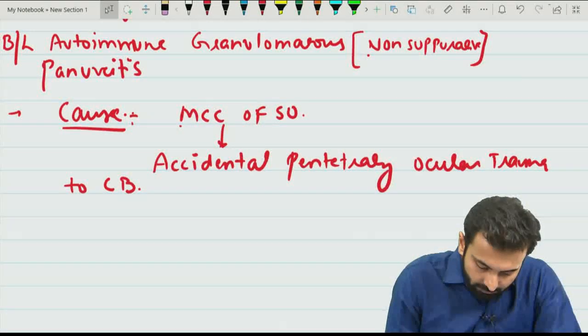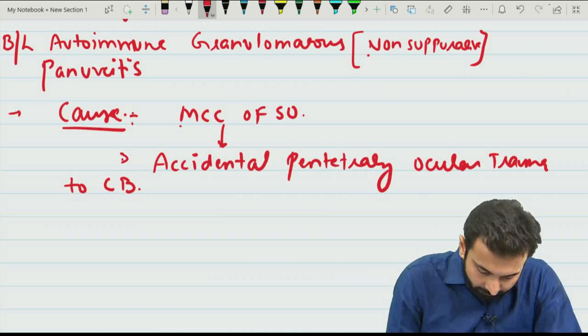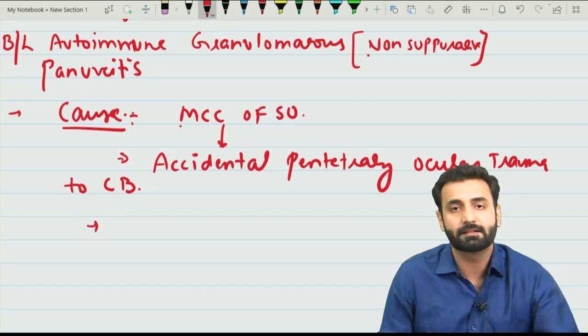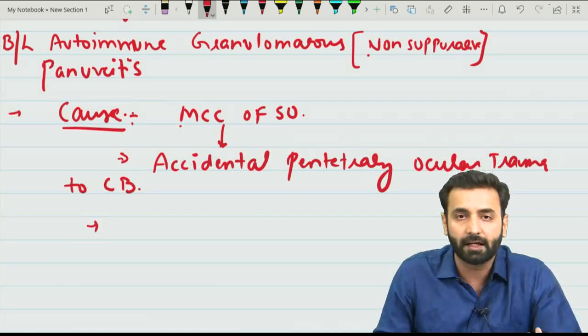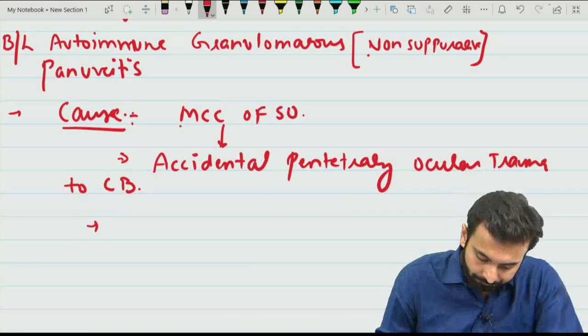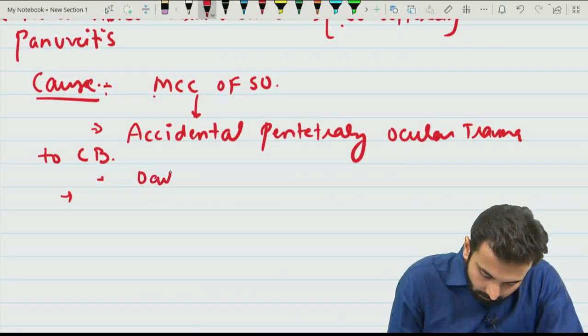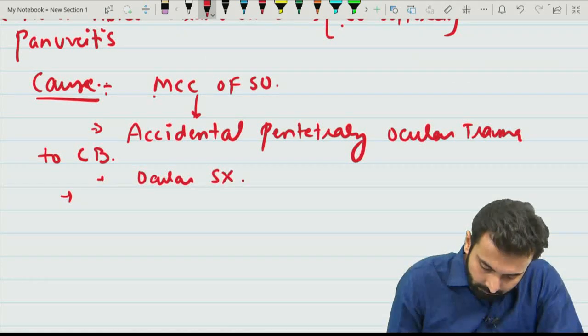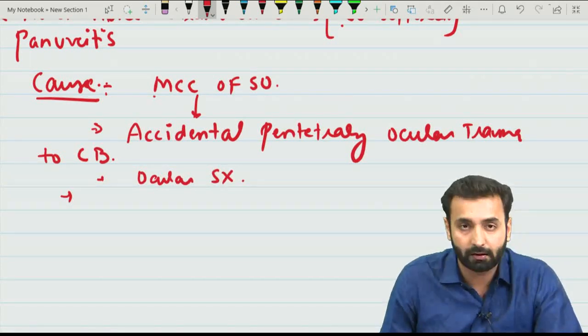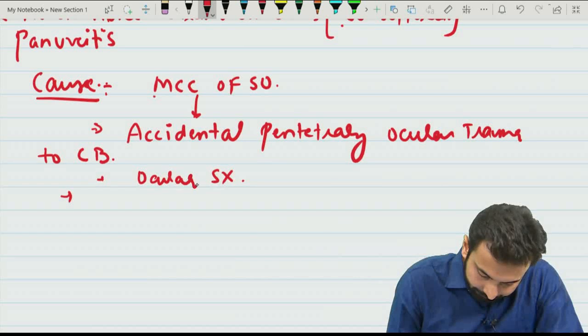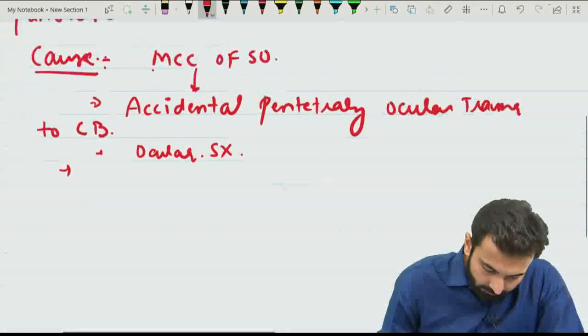So there is damage to ciliary body in sympathetic ophthalmitis. This is the reason why ciliary body is also known as the dangerous area of the eye. Very rarely it can also occur after ocular surgery. So these are the causes.